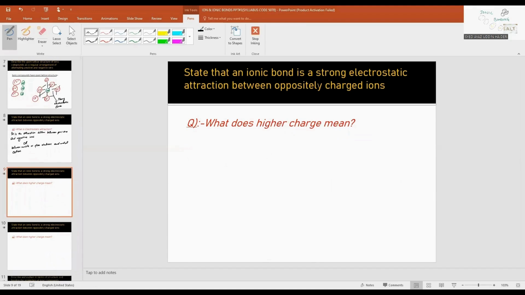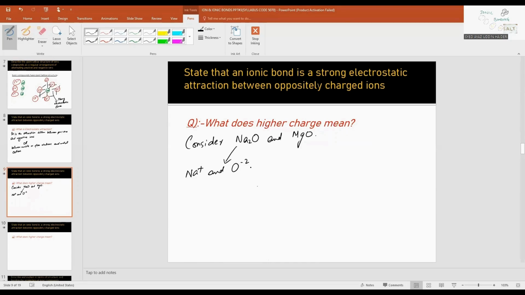What does higher charge mean? For this, consider two ionic compounds, sodium oxide Na2O and magnesium oxide MgO. In Na2O, there are lots of Na+ and O2- ions.